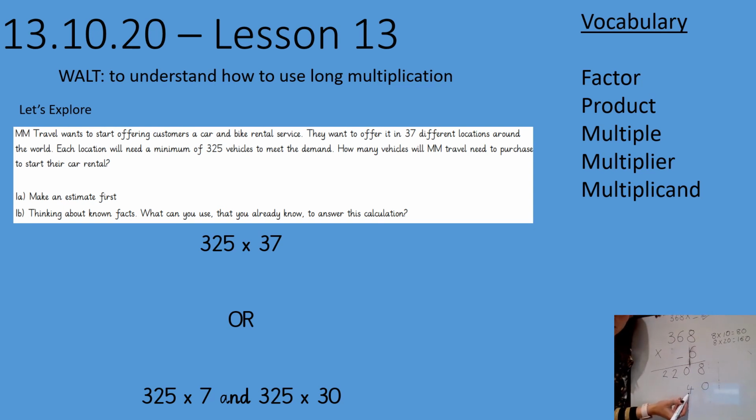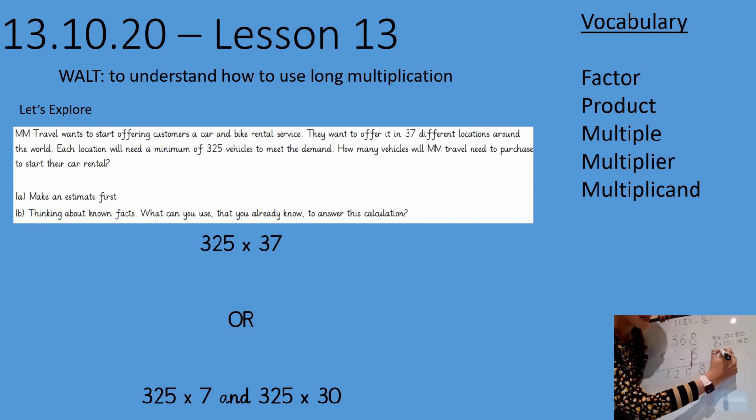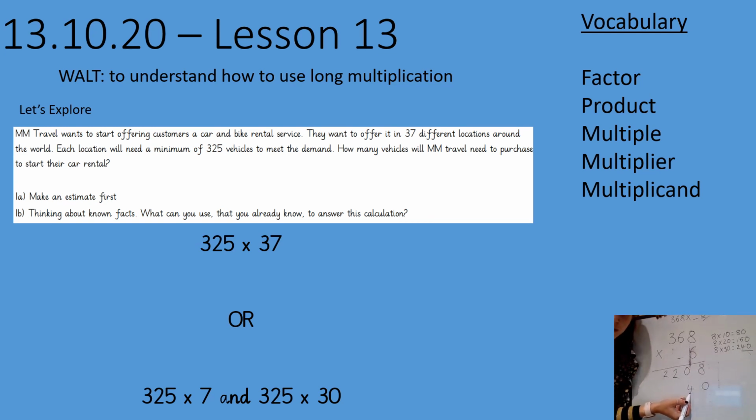Is that going to get me a 4 in the tens column? It's not. 8 multiplied by 30 gets me 240. Now straight away we've spotted that that number does have a 4 in the tens column. So we could put a 3 here and then complete the rest of the calculation, seeing if that 3 works.